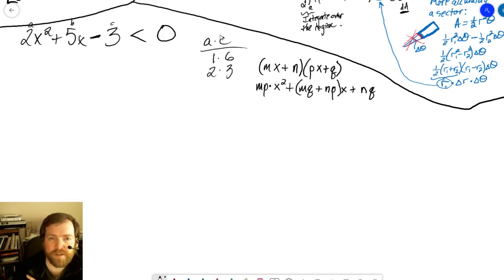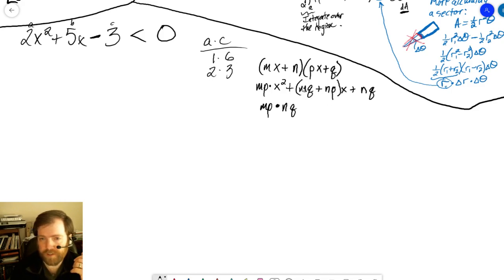Now what I did was I took a times c, which was the first times the last. In this case, the first is mp and the last is nq. What we're saying is that we want to split the factors we just got, mp times nq, into two numbers whose sum will be the middle term.